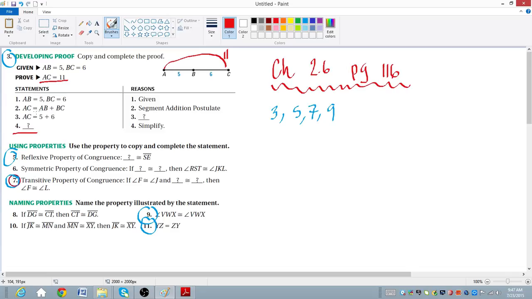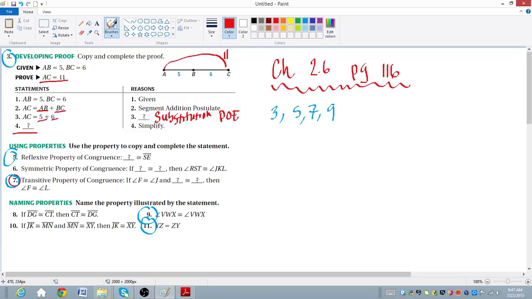How did it change from AB plus BC to 5 plus 6? Well, I know AB is 5 and BC is 6, so that's why it's substitution. So this is substitution here. Substitution property of equality, so POE.